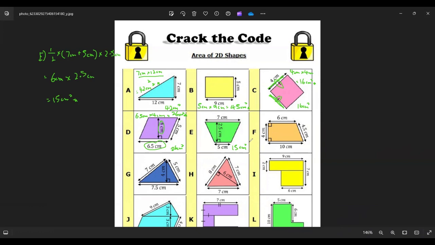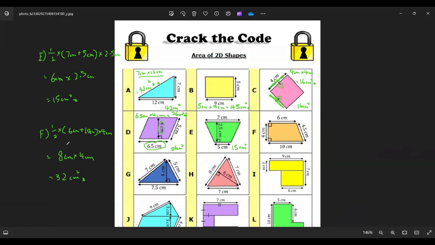And now for question F, I will use the same method as for the trapezium. cm times 4 cm, and I'll get 32 cm squared.